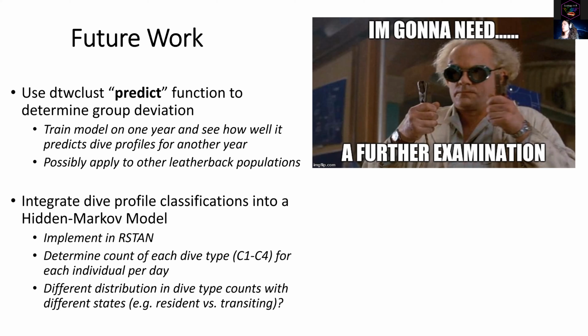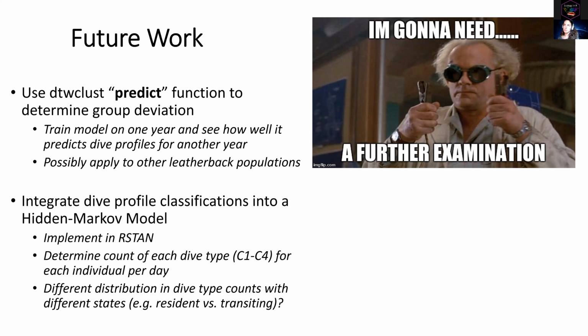And that would be kind of interesting for this population because they are in the Pacific Ocean, which experiences El Nino. El Nino is a climate phenomenon which actually affects the oceanography in the area quite a bit. So they tend to have different behaviors, and their prey tends to be distributed differently during El Nino years. So that would be interesting to see how the El Nino years differ from the other years.